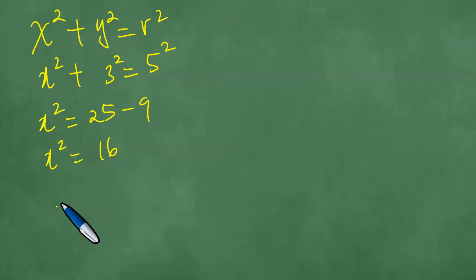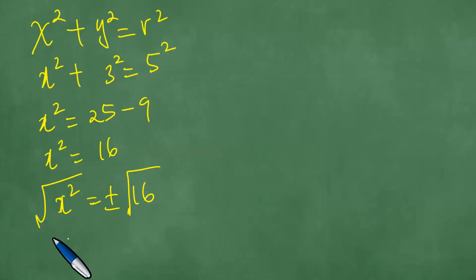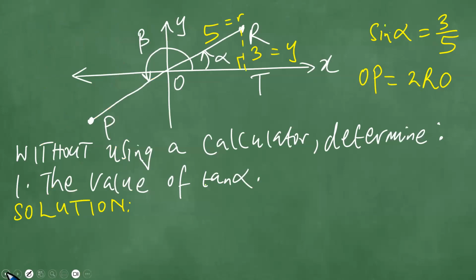16. So now if you have x squared equals 16, you can apply the square root, so x is plus or minus 4. But here it's only x equals 4.